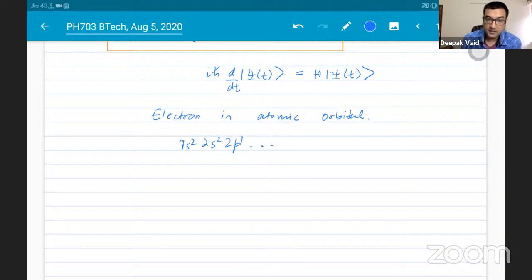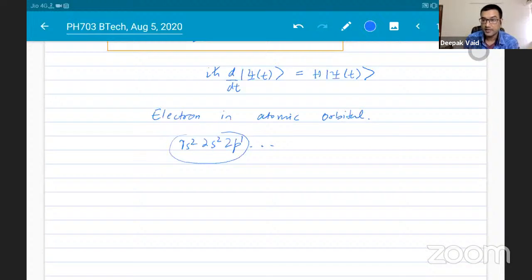Let's say your configuration happens to be something like this, 2p1, and we'll leave it at that. This is the electronic configuration for boron, I think, or is it nitrogen? I think it's nitrogen, right? Anyways, the point is, if you have an atom in this electronic configuration, what happens?